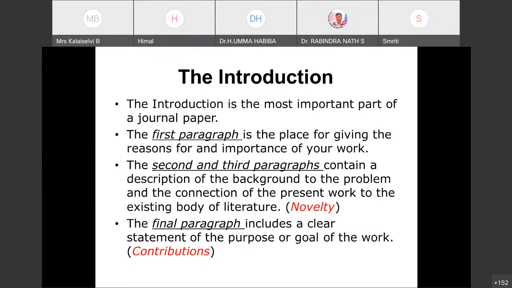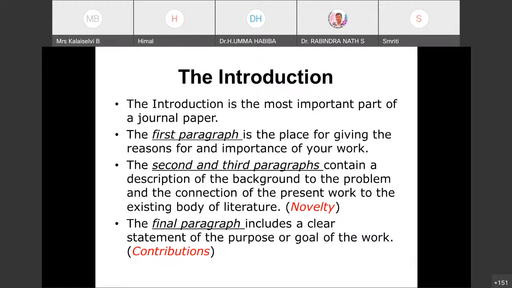So the first paragraph is a place to give reasons why you do this research, or the background of your research and so on, right? The second and third paragraphs normally contain a description of the background to the problem. That means what other people have done and how your research relates to previous work.